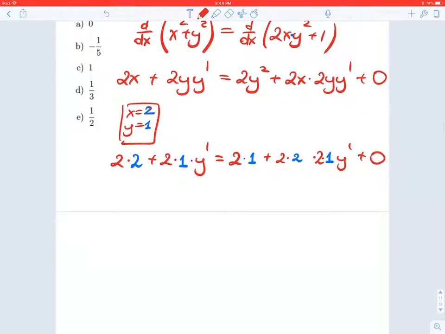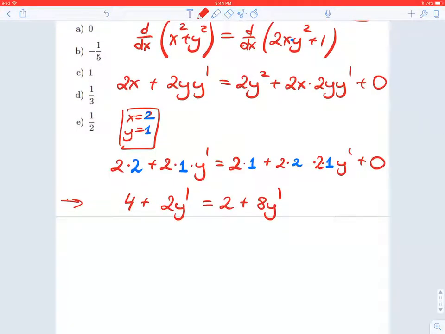And we don't have to put plus 0. Let's see what we have. We have 4 plus 2 times 2 times 2 times 1, that is 8 y prime. Probably you can do this step right away, but I wanted to show you that I'm substituting the given point instead of x and y.